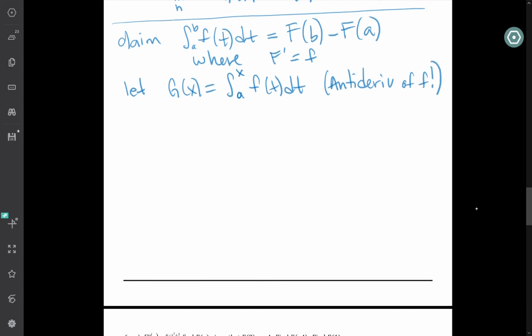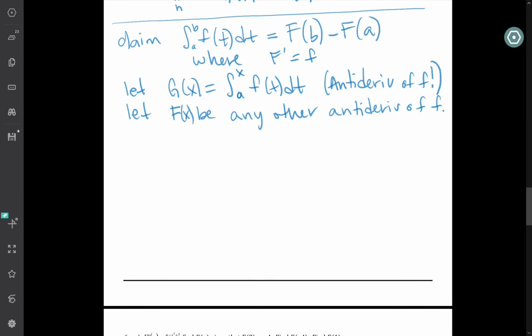And we're going to let big F be any other antiderivative of little f. Okay, so now we have two antiderivatives, big F and big G.